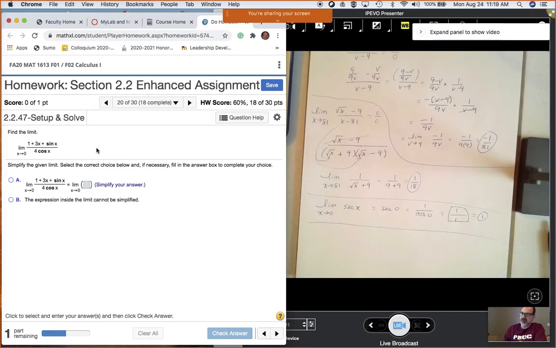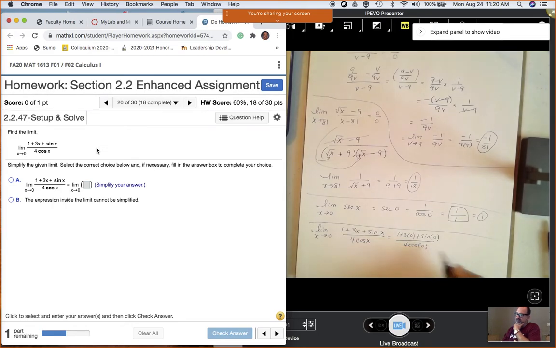Here's another one that uses trig functions. The limit as x goes to 0 of 1 plus 3x plus the sine of x over 4 times the cosine of x. All right, so if x is 0, 1 plus 3 times 0 plus the sine of 0 over 4 times the cosine of 0.